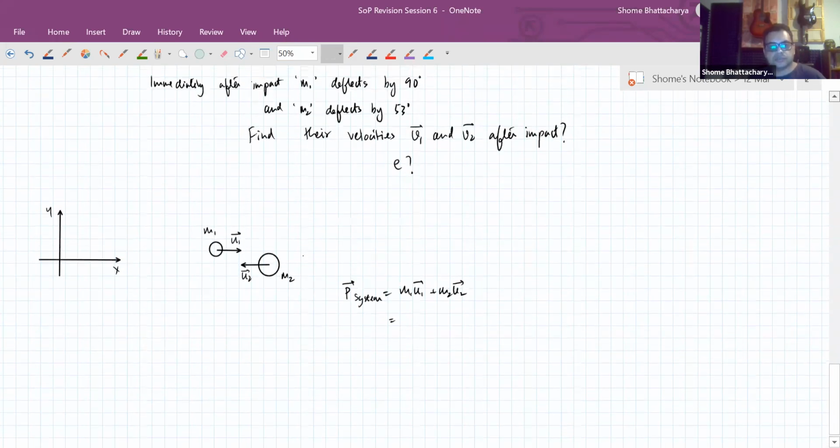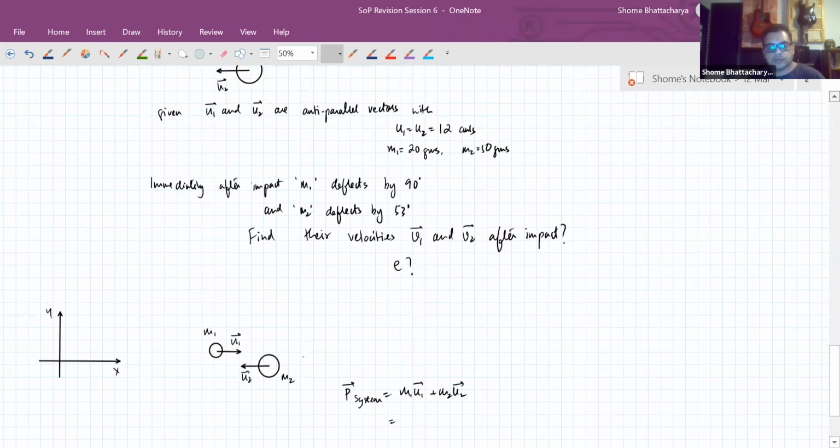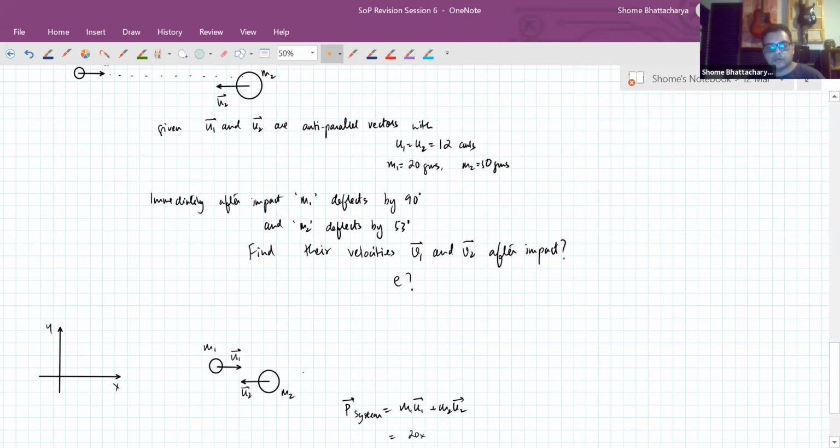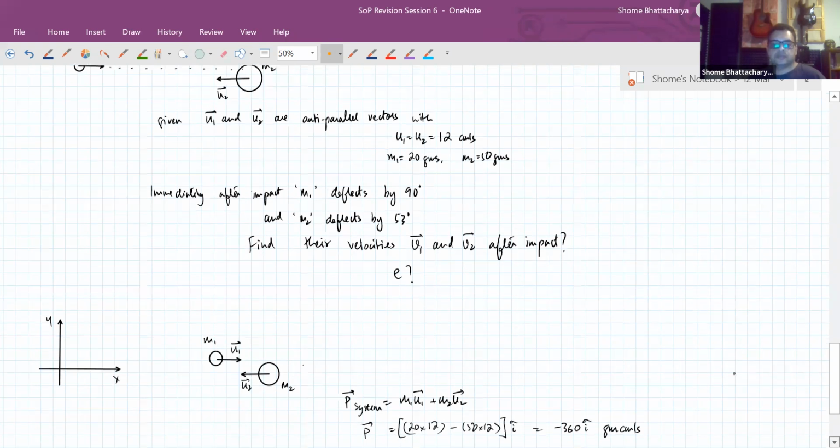This becomes 20 grams into 12 minus 50 grams into 12 i cap, so that is minus 360 i cap in gram centimeters per second. This is the momentum of the system. Okay, so that's the first thing.